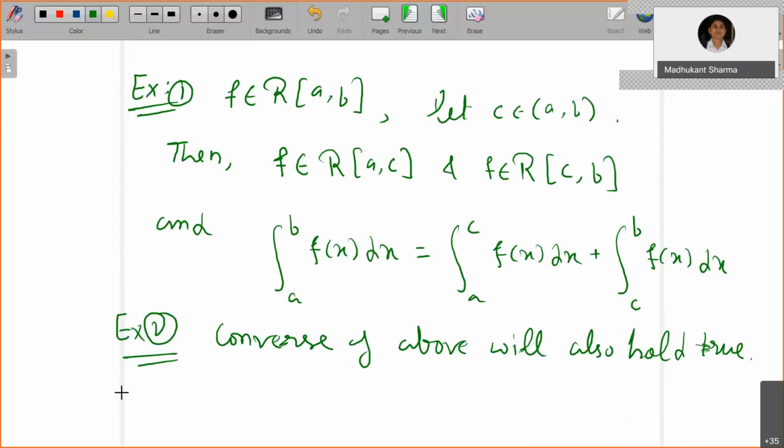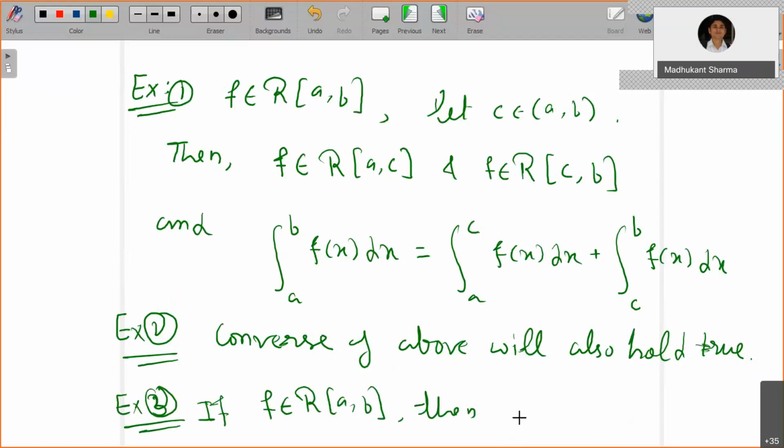And you can now certainly show, as exercise 3, that if f is Riemann integrable, then the integral from a to b of f of x dx is equal to the summation, k equals 1 to n, of the integral from x_{k-1} to x_k of f of x dx. So you find the integral on each subinterval and then sum up.